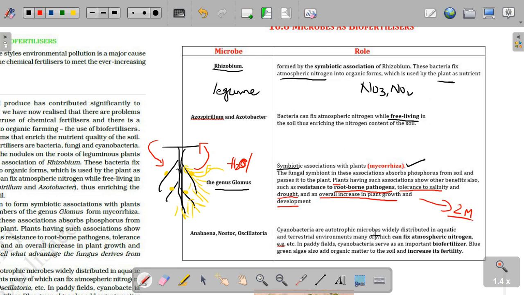Okay, and the last one, that is Anabaena, Nostoc, and Oscillatoria. All of them are cyanobacteria, which we call blue green algae.